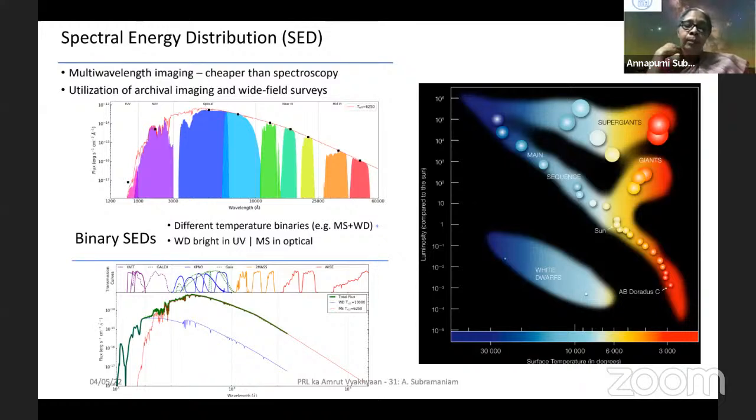If you know the luminosity and temperature, you can put them on the HR diagram to figure out the evolutionary phase of the binary components. So this is indeed using multi-wavelength observations in the fields, within the clusters or in the field, to understand their binary nature.